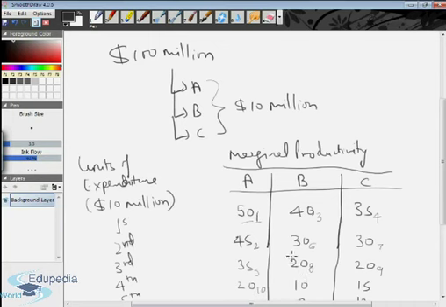We can see here that we keep on allocating the units until the marginal productivity from all the three projects becomes the same, that is 20, 20, 20.